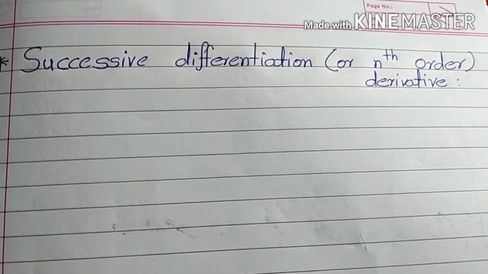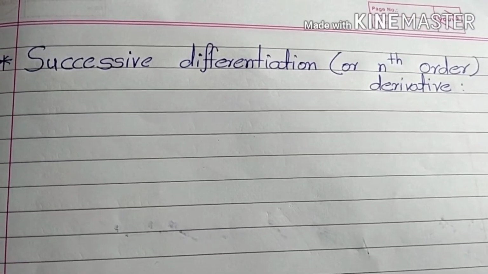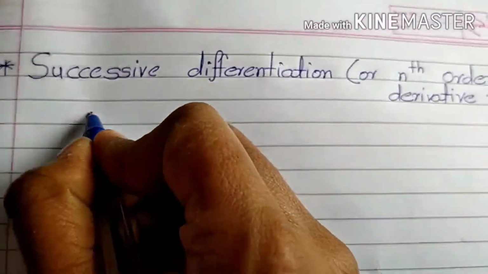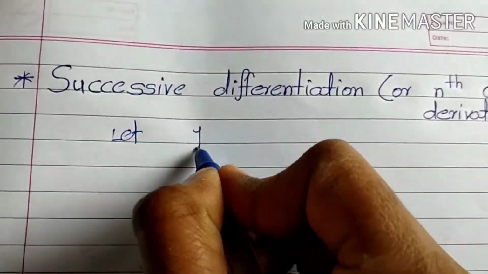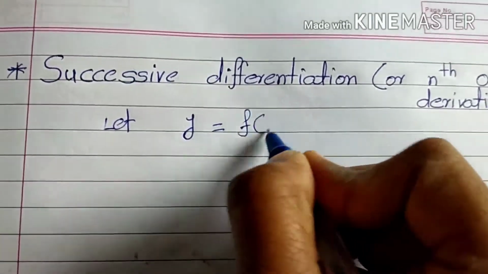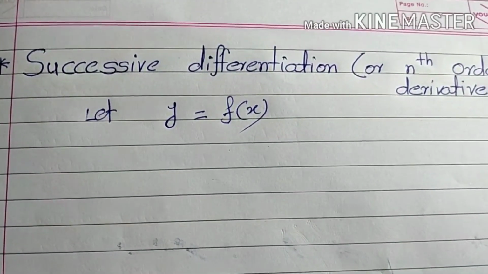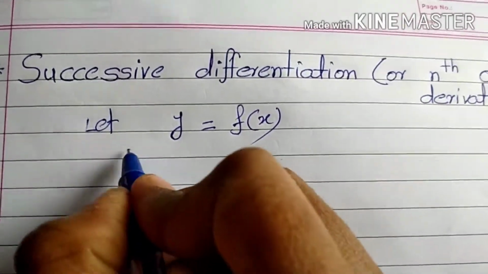Now we learn about order of derivative. For that there are some examples. So first, let y equal f of x be any function. First differentiate it with respect to x.